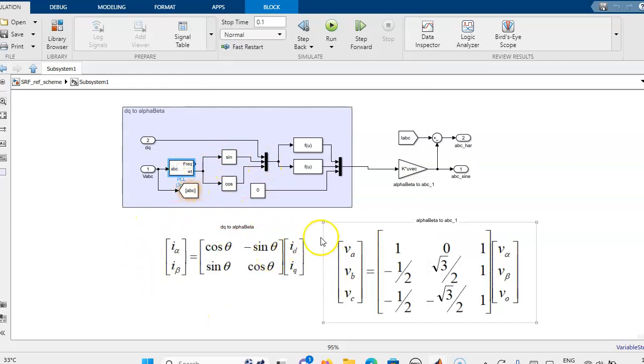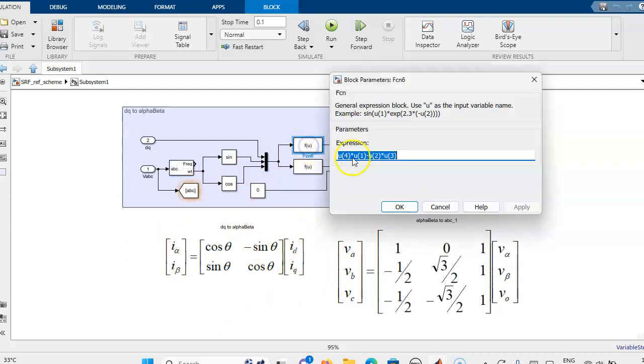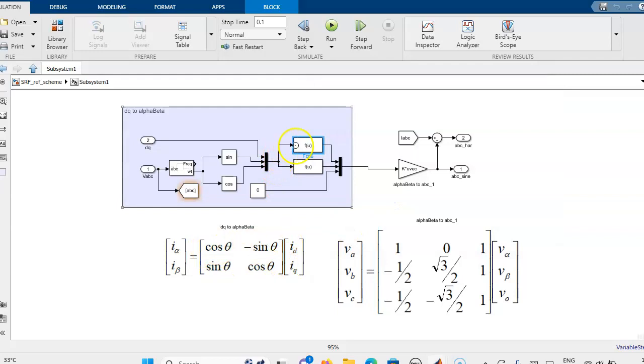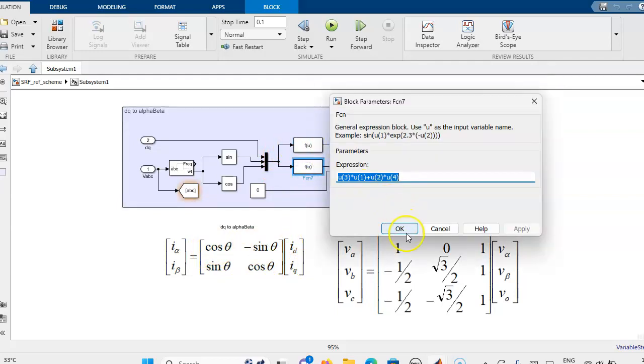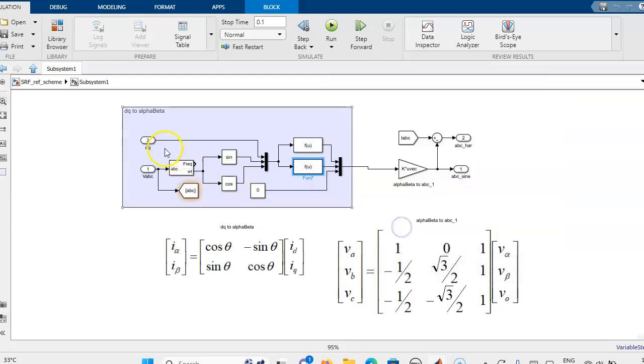First it will perform this function, that is, we have to connect a function block here: u of 4 into u of 1 minus u of 2 into u of 3. So this function is performed here. Again in this block, u of 3 into u of 1 plus u of 2 into u of 4, because for DQ there are 2 outputs coming, and here we are getting a single output.